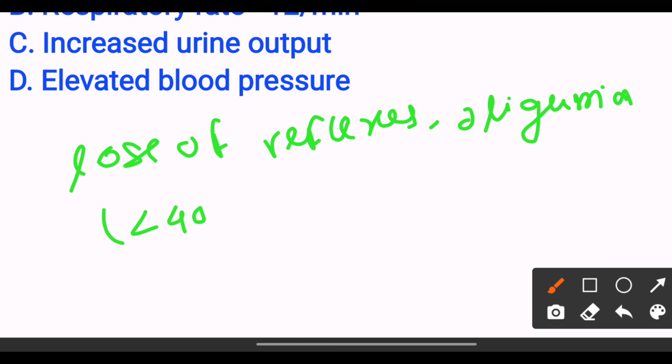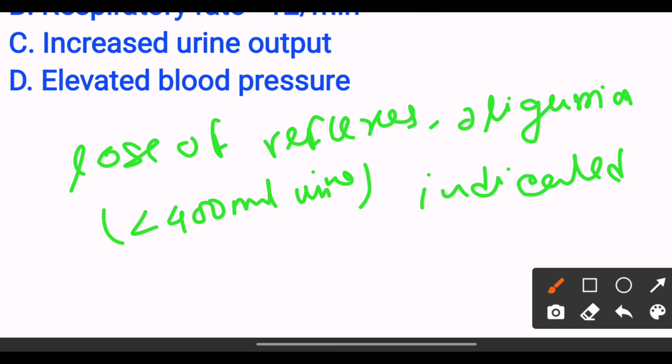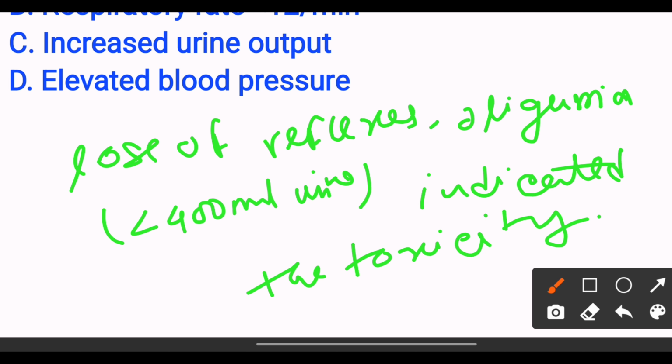Less than 400 ml of urine indicates toxicity. So the answer is option B, respiratory rate less than 12 per minute.